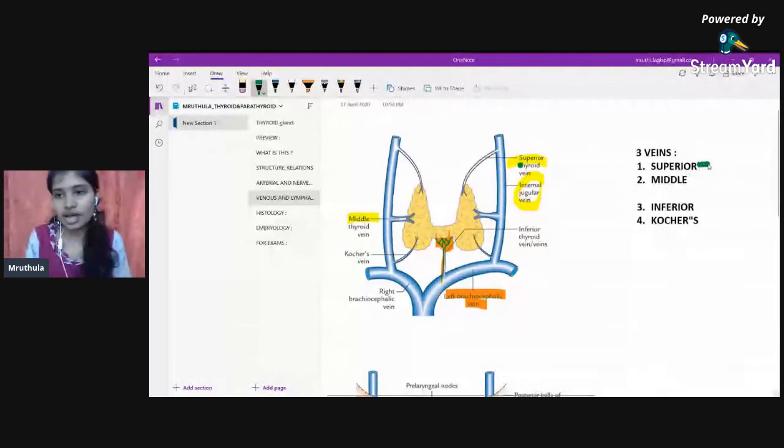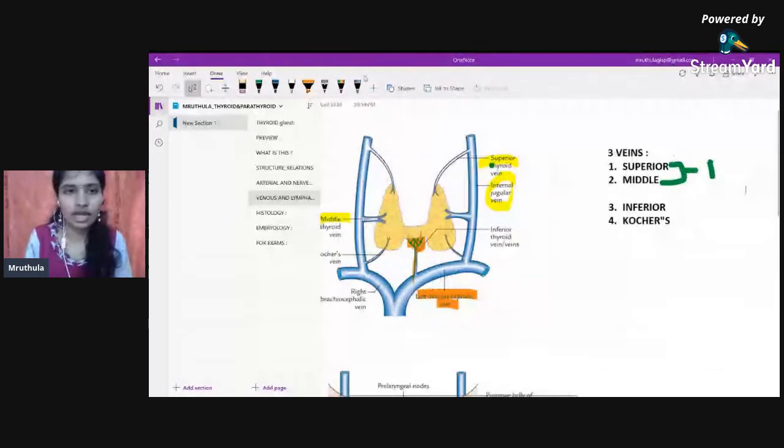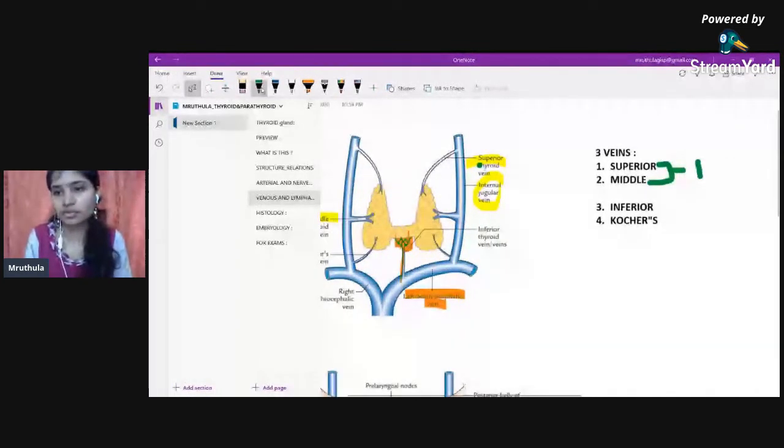Superior and middle are draining into the IJV. So guys, if you know the diagram, then there is nothing to memorize. If you know the diagram, you can write everything by yourself.